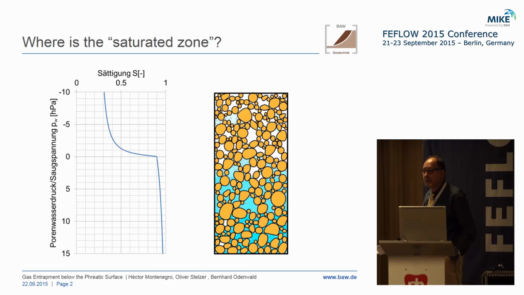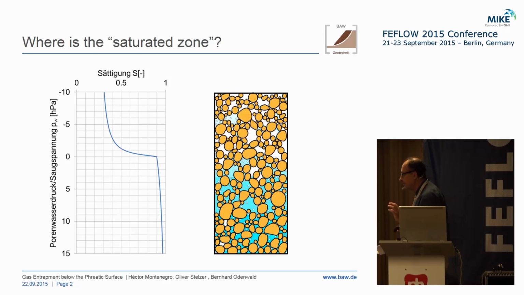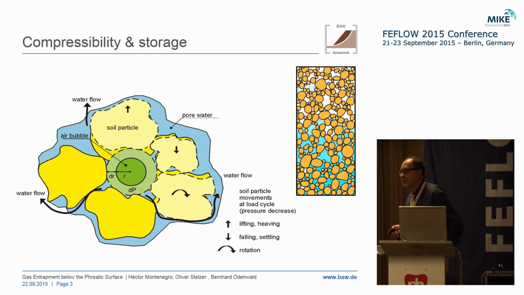If we look at the saturation distribution, we have here the phreatic surface, and here we have the capillary curve that was presented by the former talk, and we can assume that we have some kind of distribution. So very, very little bubbles of gas, but they can have an impact on groundwater dynamics, as I can show you. If you understand these processes, it will help you to interpret some field measurements or laboratory measurements, which I will present later on.